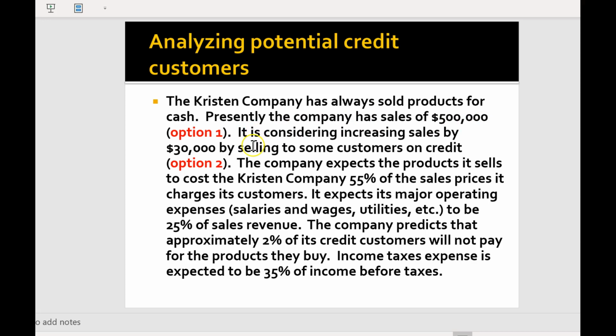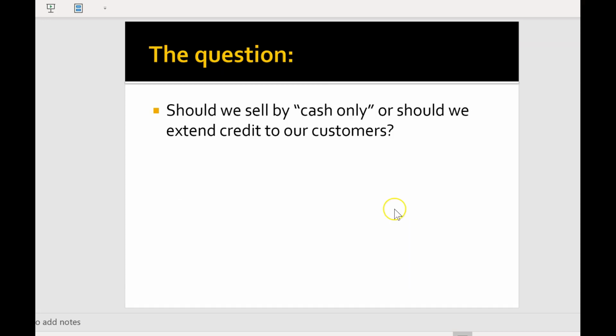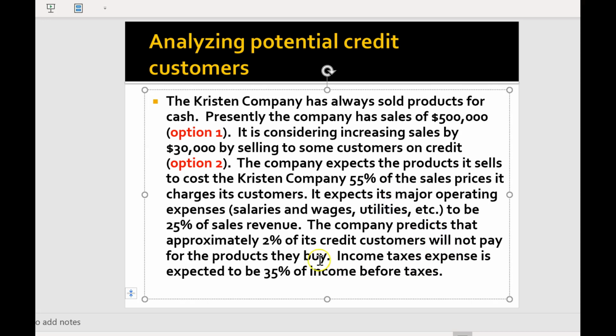But it is considering increasing sales if it could use credit. If you allow people to use credit, they may buy more from your company, right? So if we allow credit, the firm's sales will increase by 30,000. So that's the benefit of it. However, there may be a cost to it: approximately 2% of the credit will never be paid back. That's the bad debt.